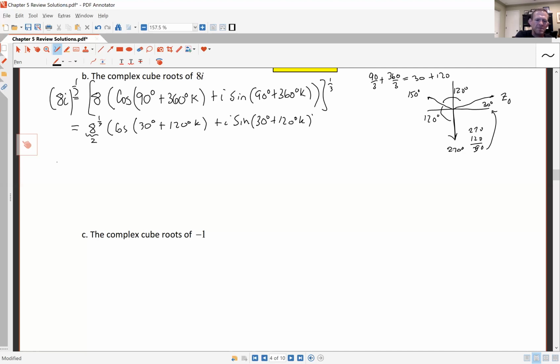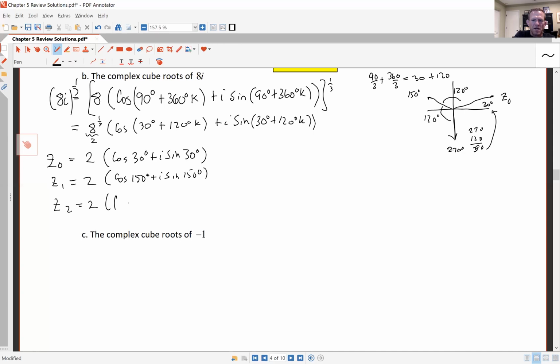All right, so z sub 0 is 2 times cosine 30 plus i sine 30. z1 is 2 times cosine 150 plus i sine of 150. The third complex cube root of 8i is 2 times cosine 270 plus i sine of 270.